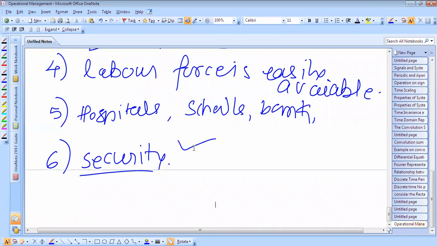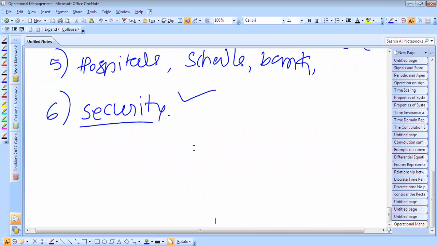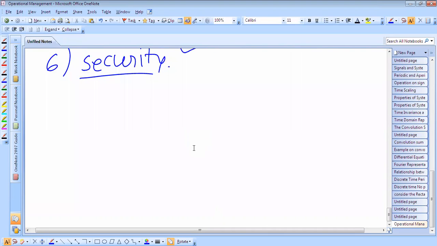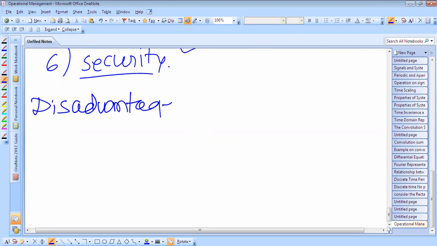Next, there are some disadvantages also, as every coin has two sides, head and tail. So installing your plant in the city has advantages as well as disadvantages. What are the disadvantages? The disadvantage is that land is not easily available.